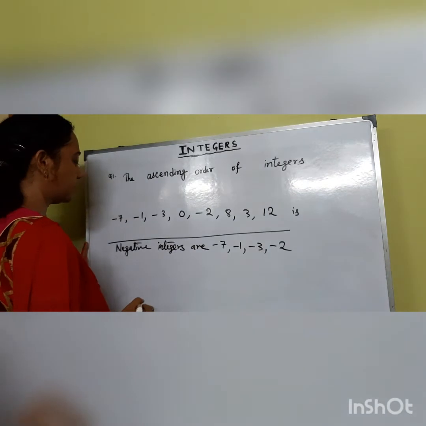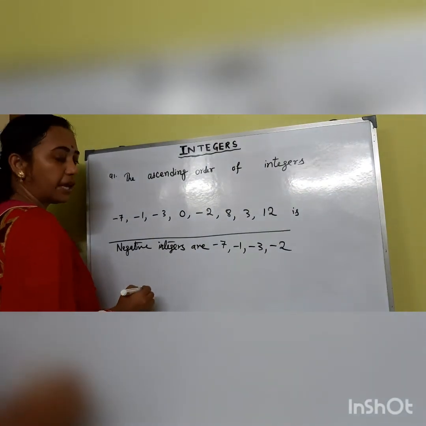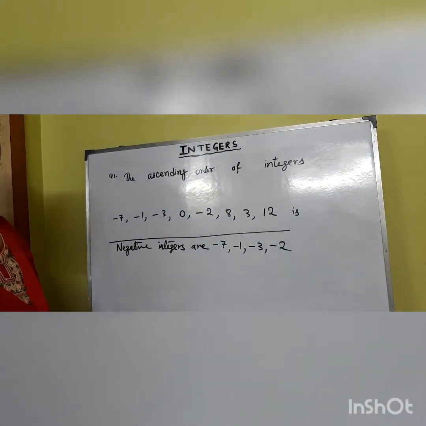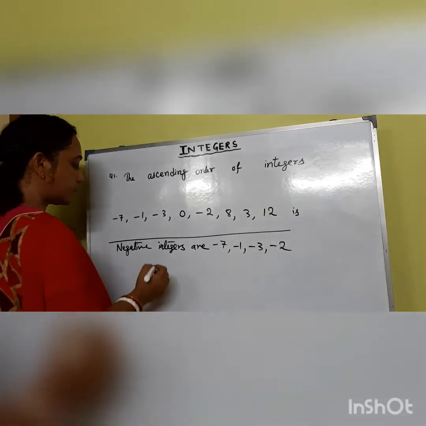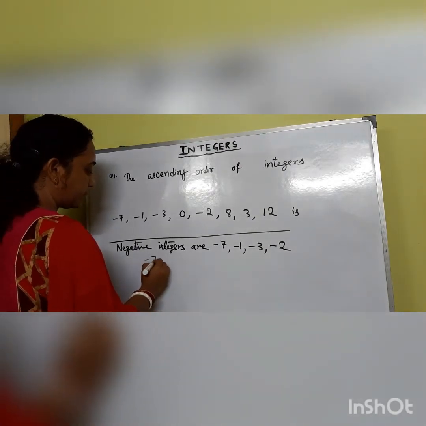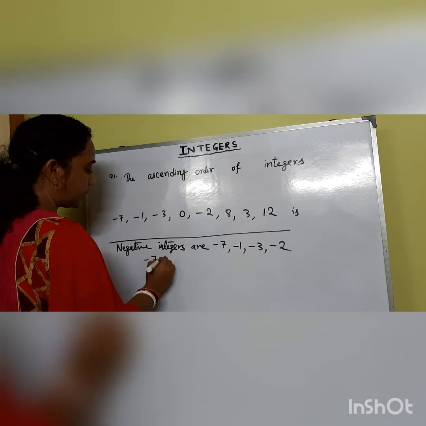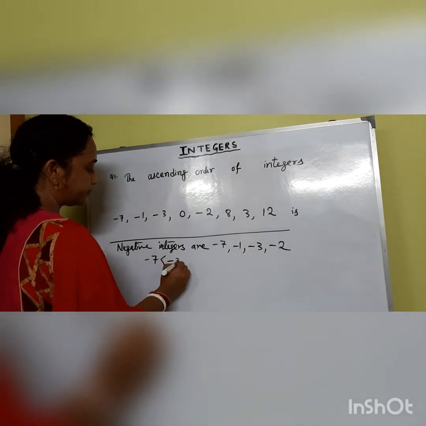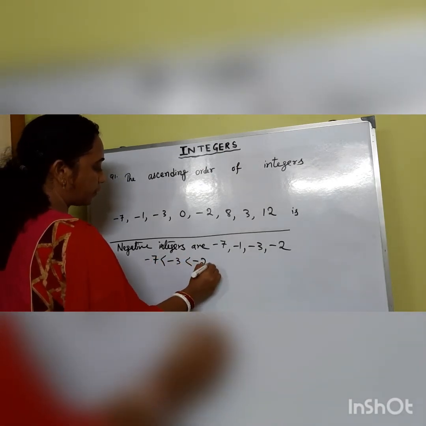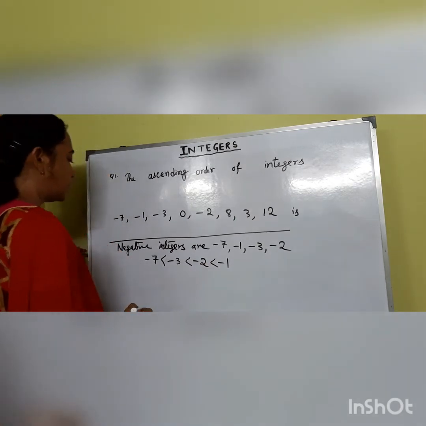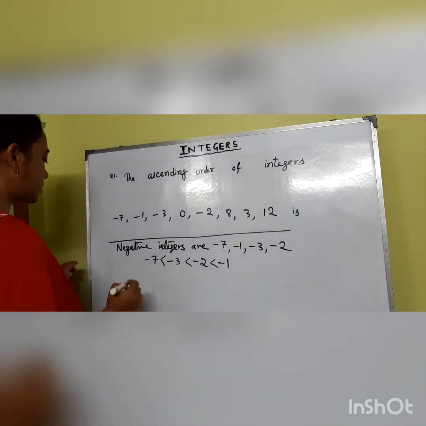These 4 are given, and we arrange these negative integers in ascending order. So, first we will write minus 7, which is the smallest, then minus 3, then minus 2, after that minus 1.